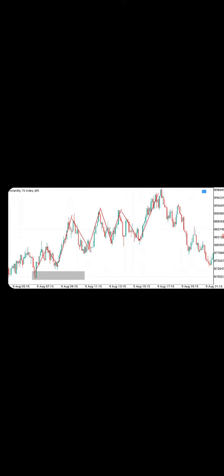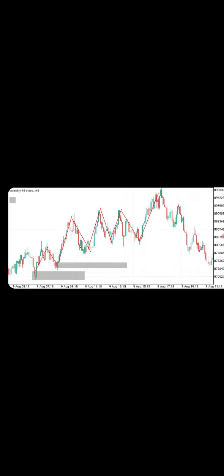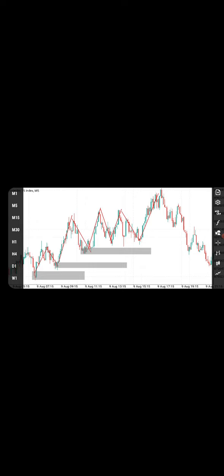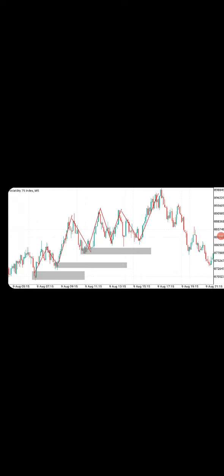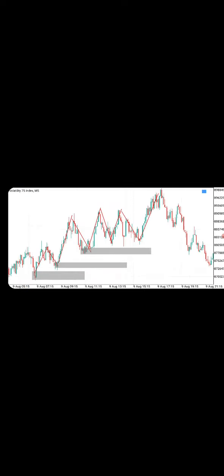We're having another structural point here. We're having another structural point here. Here we are trying to identify our structural points.